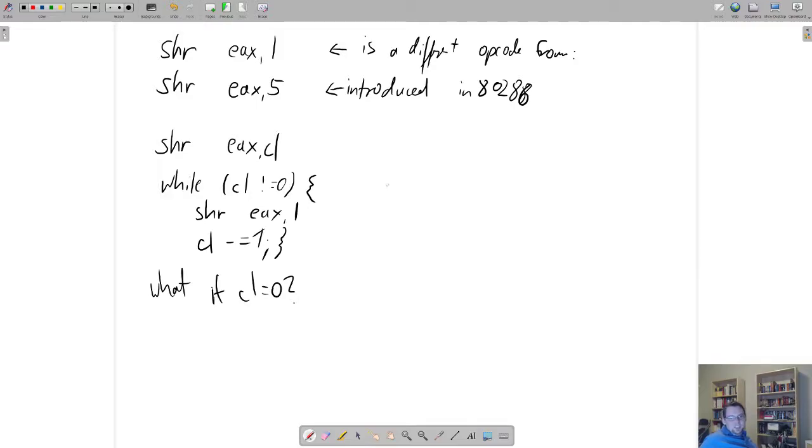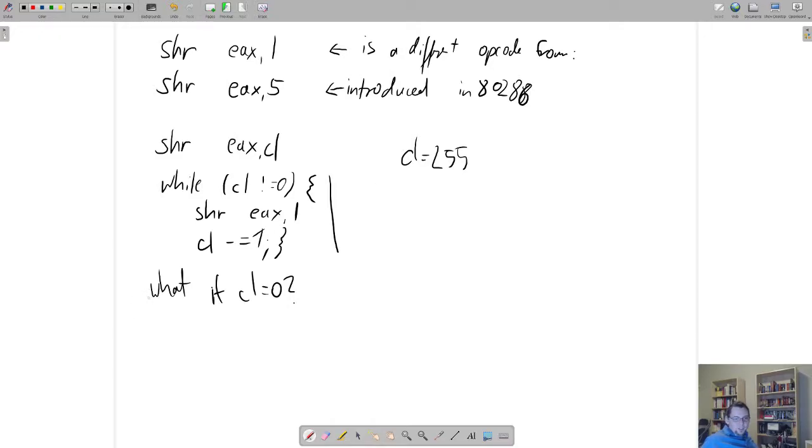If you did a shift right with CL of 255, you bet that did 255 iterations of this loop. They later changed this, with the 386, I believe, so that for a 32-bit shift, only the last 5 bits of this amount count. So this would not do the same thing on a 386 and an 8086.